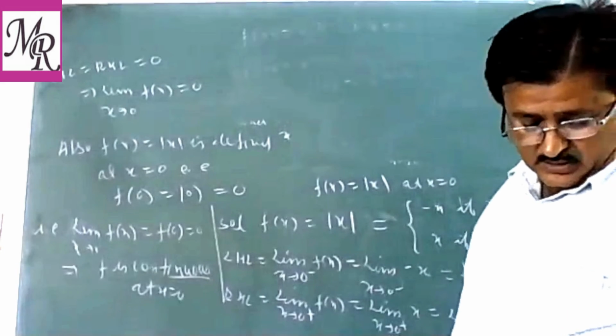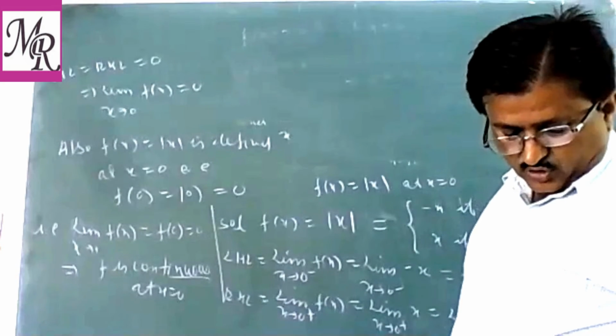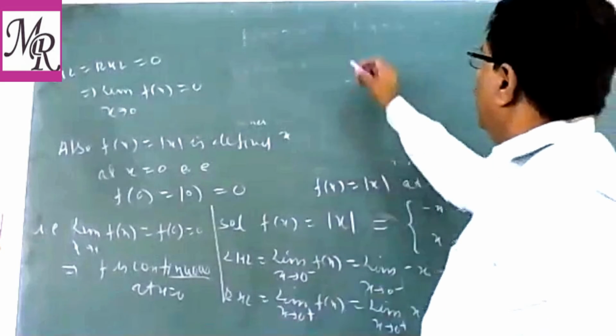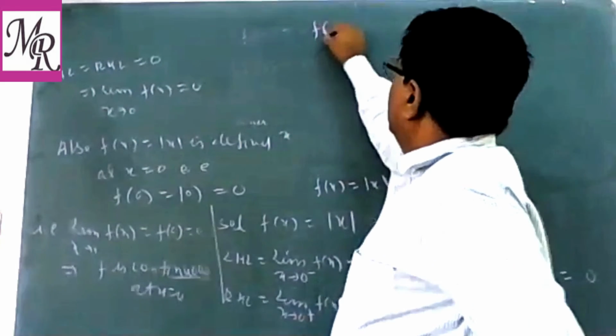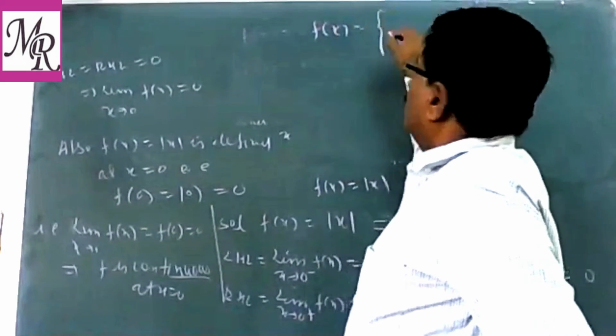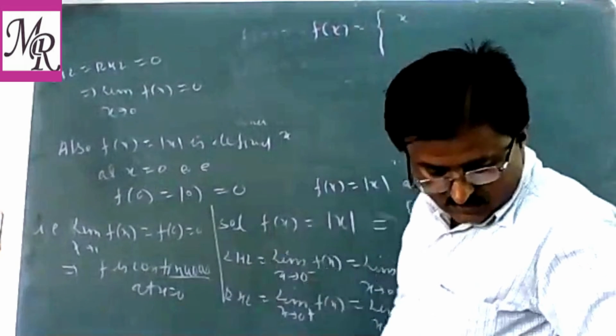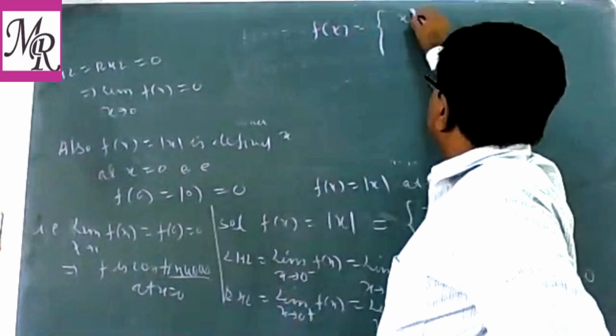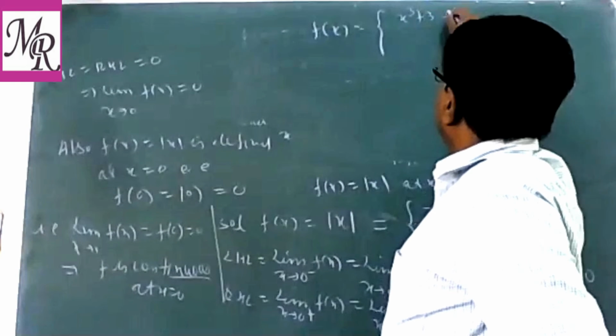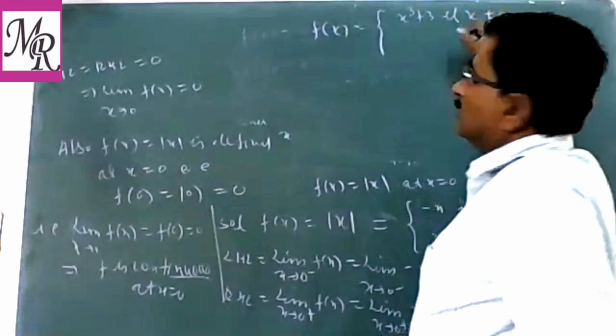Clear? Next is show that the function f given by f(x) equal to x cube plus 3 if x not equal to 0, and 1 if x equal to 0, is not continuous at x equal to 0.